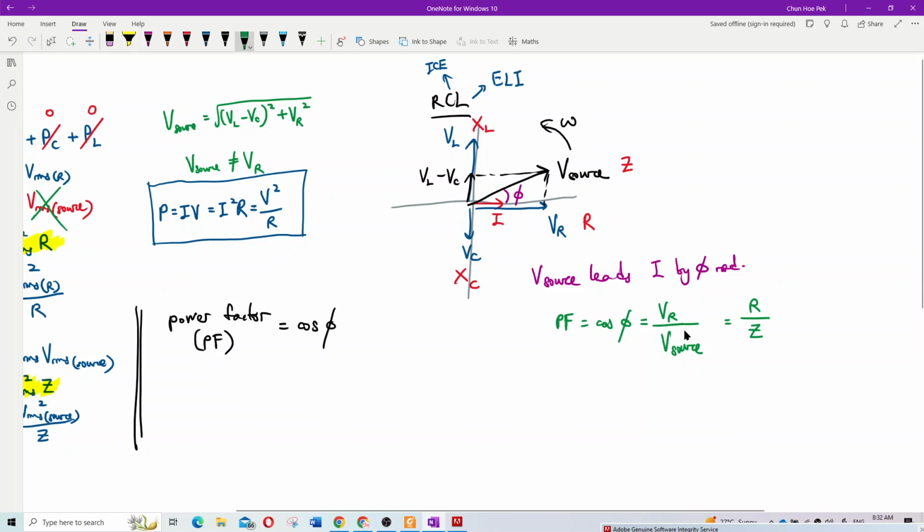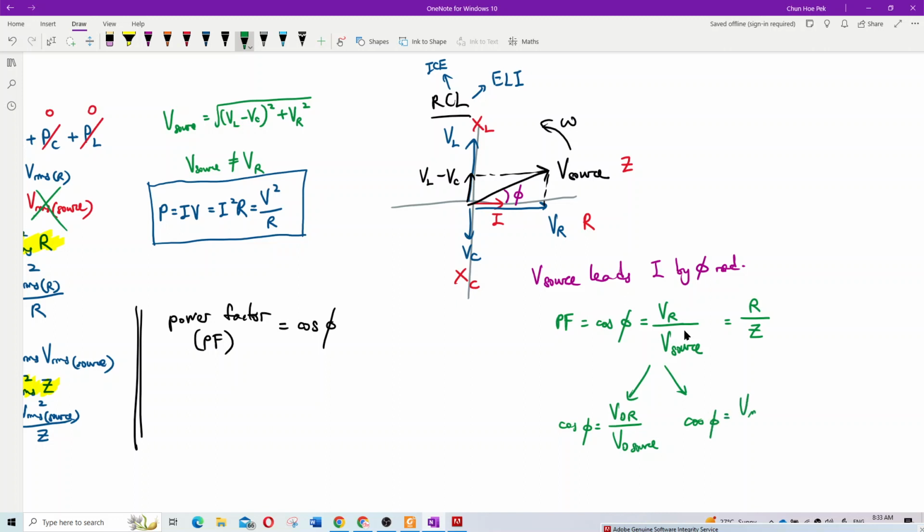You can put it as peak voltage or root mean square voltage. You can say it is V naught R over V naught source, or V RMS R over V RMS source.